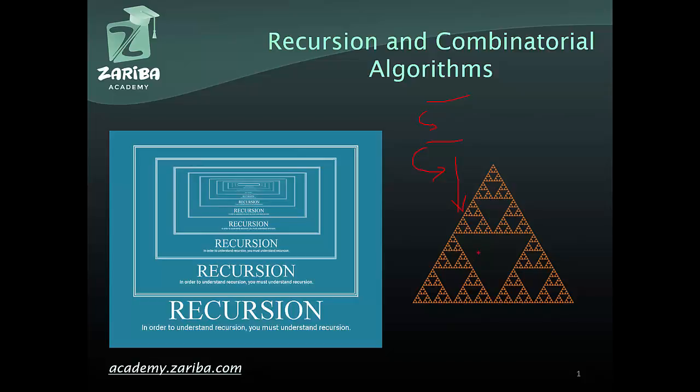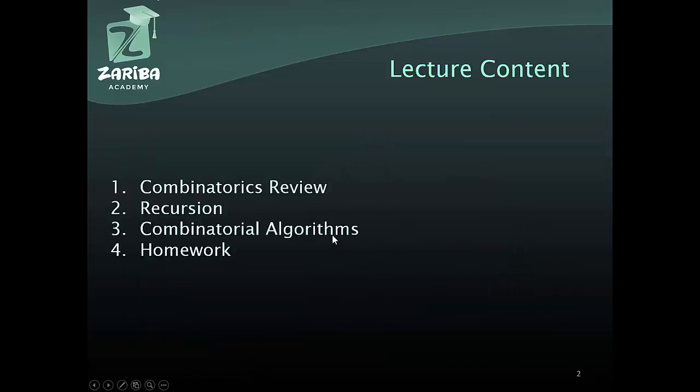And for mathematicians, recursion is very, very simple to understand, and I think to explain as well. So one of the ways that I'll try to explain it is from the mathematician's point of view. Alright, so we'll be talking about combinatorics overview, where if some of you have not seen this lately, you might have forgotten it.